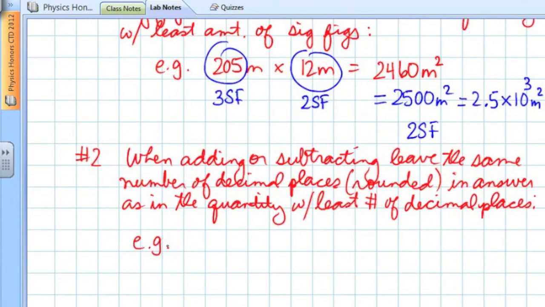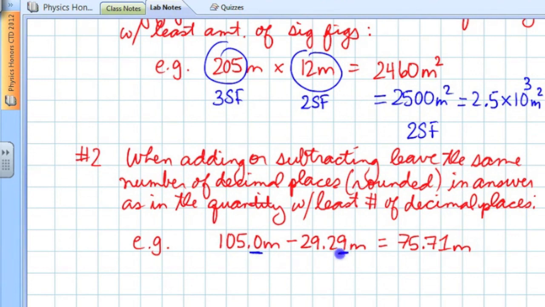Okay, and again, we need to have an example for this. So let's say that I want to subtract two numbers, 105.0 meters and 29.29 meters. So if I actually do that on a calculator, I'm going to get 75.71 meters. But looking at my rules, what I see is that the first number goes to the tenths place and the second number goes to the hundredths place.